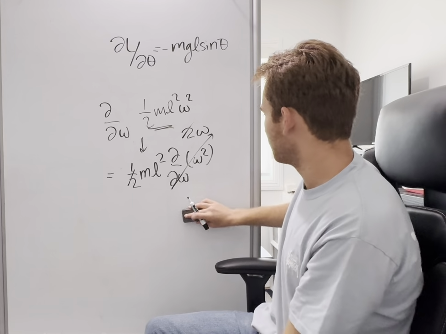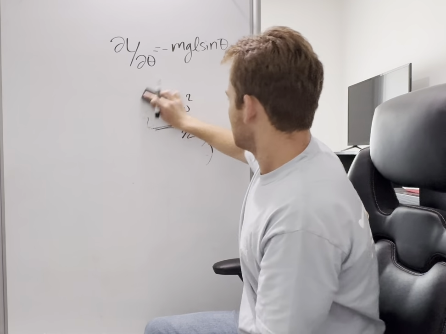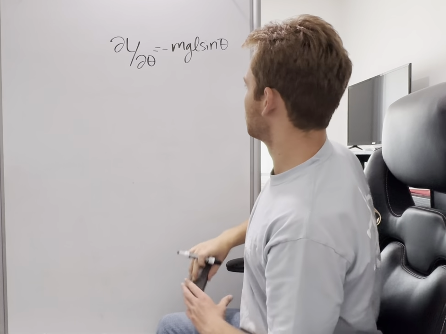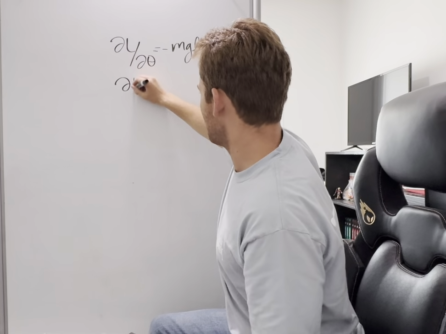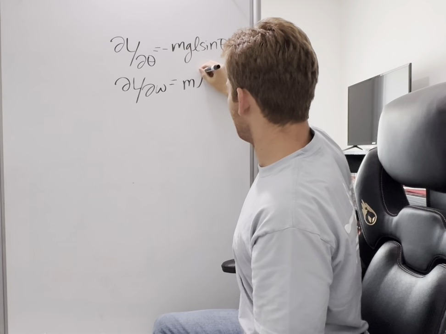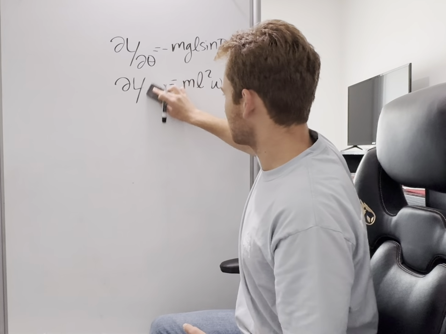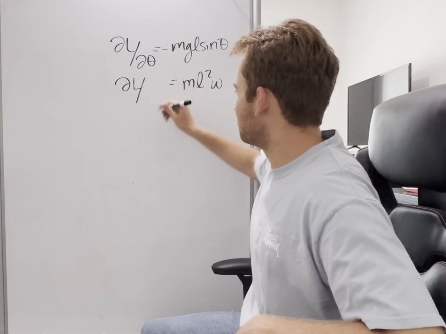And so we're left with mL squared omega, which I'll write over here. So dL by d omega equals mL squared omega. Again, if any of this is hard to follow, I will be posting handwritten notes.